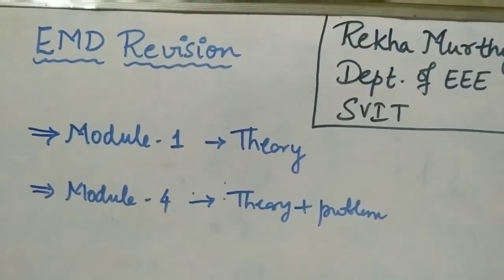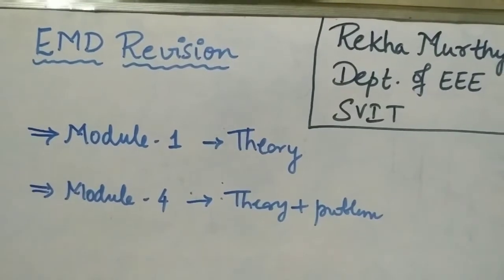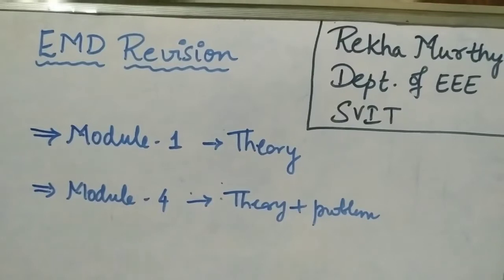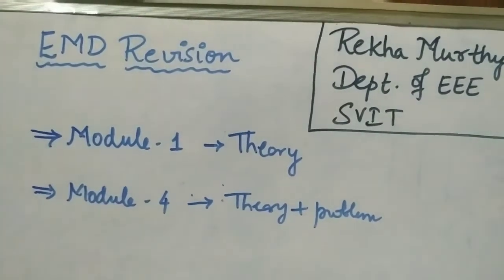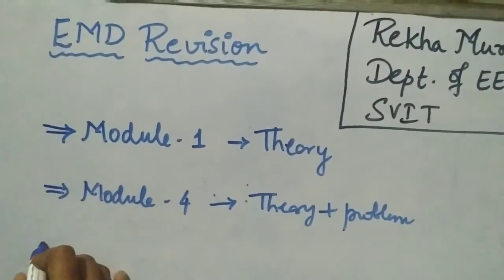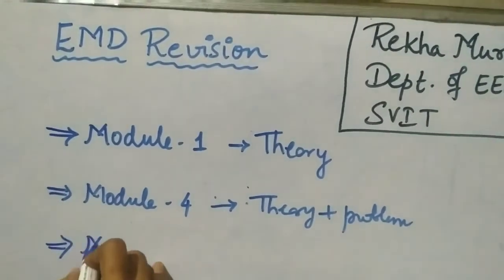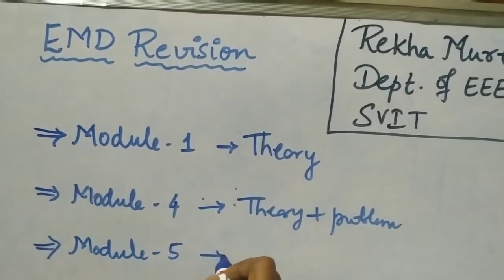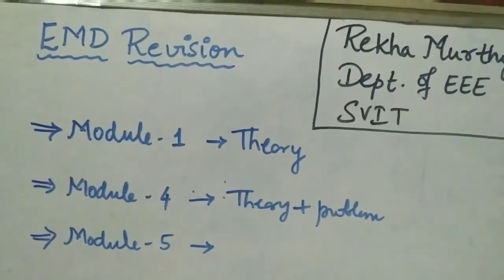So definitely there will be a problem along with the theory. But if you gain knowledge of this module 4, you can follow module 5, which will become easier to solve in the question paper, right?